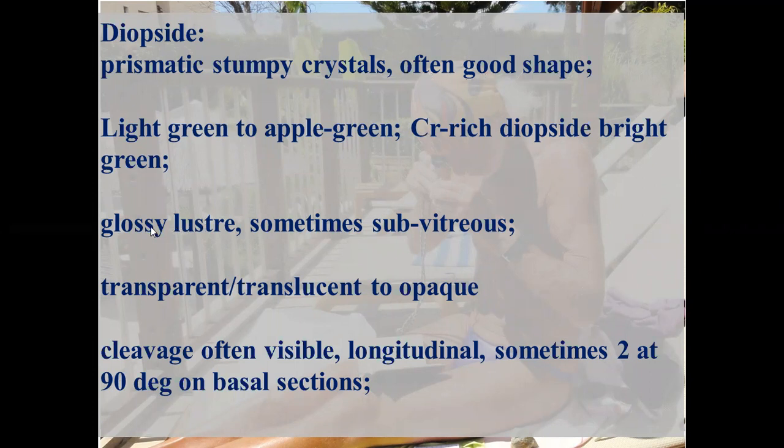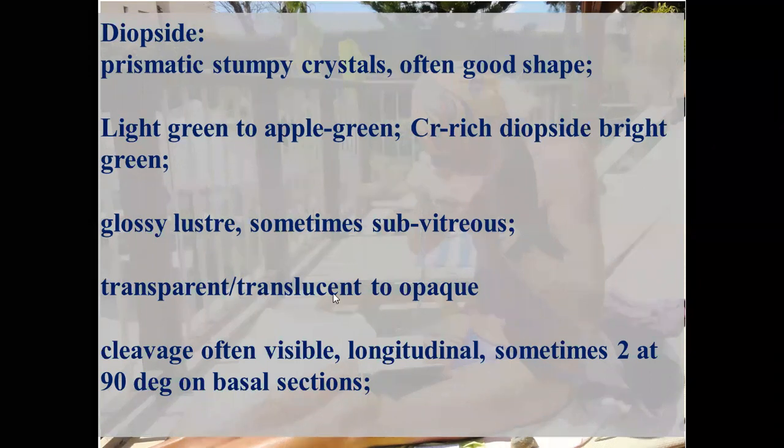We talked about the color, glossy luster, but it can be subvitreous. It's certainly not as shiny. It doesn't leap out at you like the micas and some other minerals that we're going to see shortly.